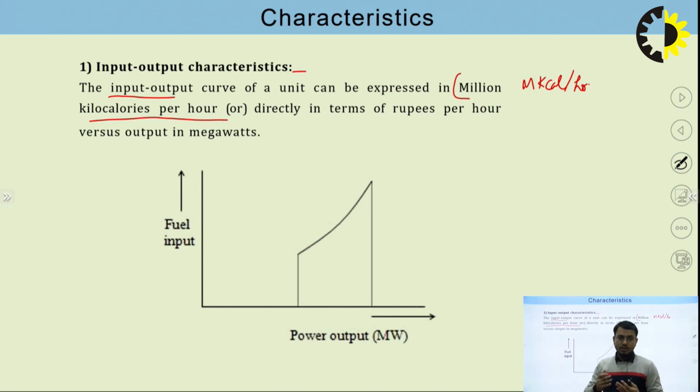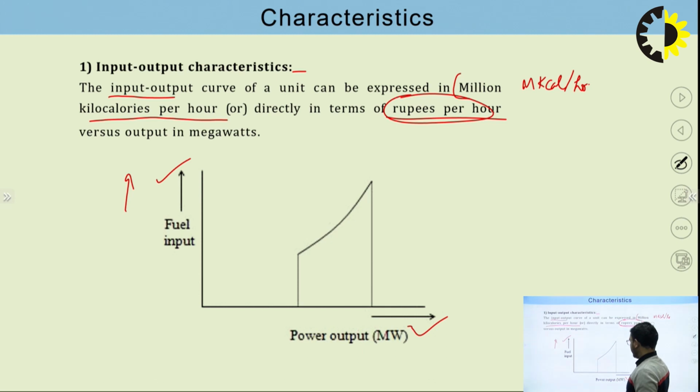That is the input. Here we have taken million kilocalories, or it can be taken directly as rupees per hour, that is, for 1 hour how much coal in rupees is required or consumed. So this is fuel and this is megawatts.